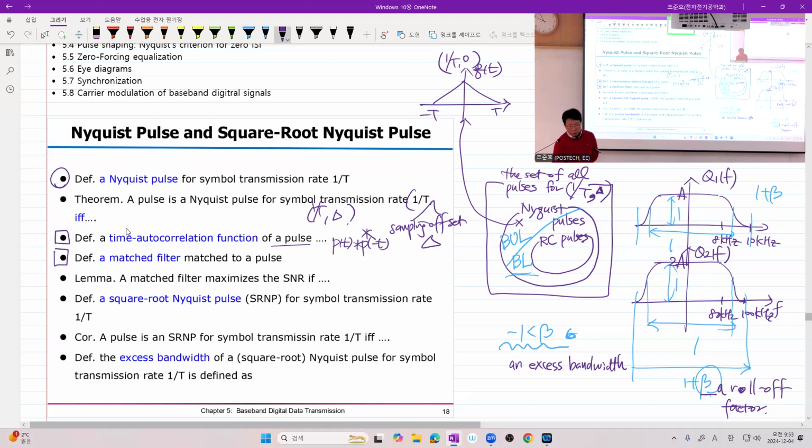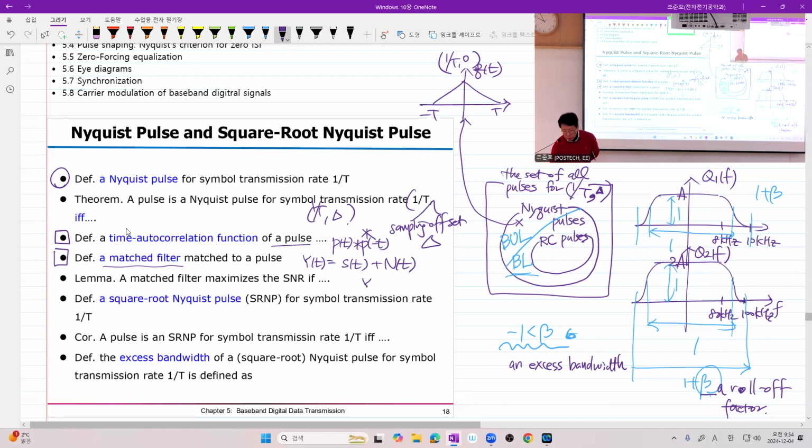What is a matched filter? The matched filter is closely related to this time autocorrelation function, but by definition, it is stated in this way. Suppose you are given the received signal, that is some known signal S of t plus some noise N of t.